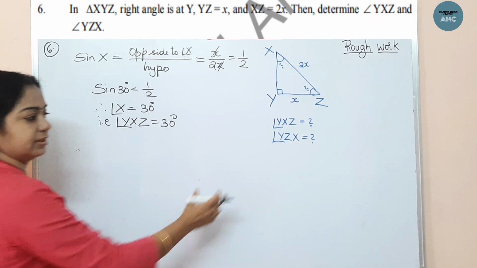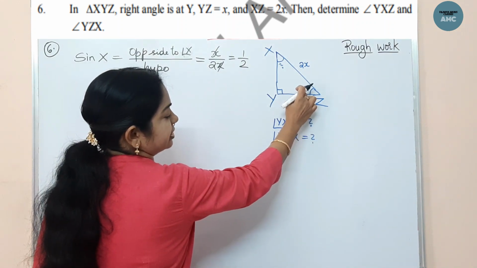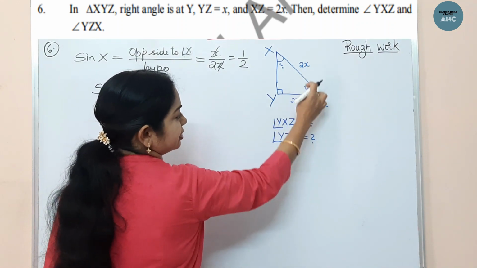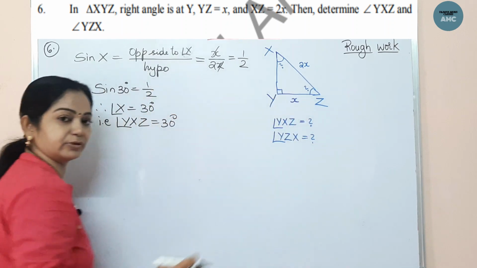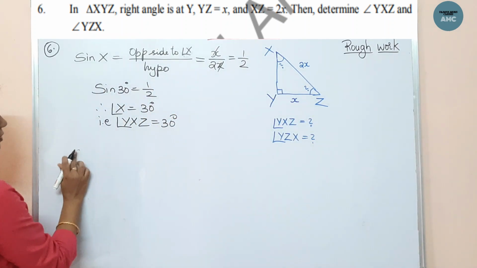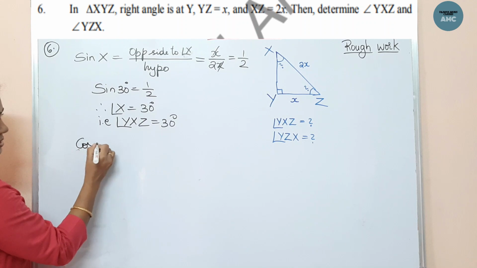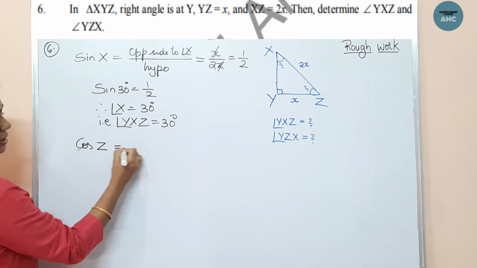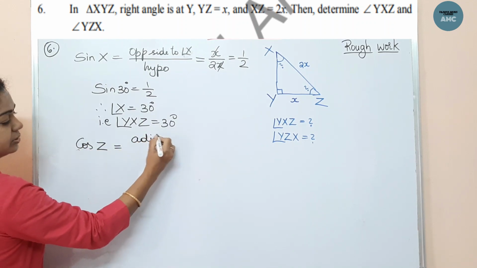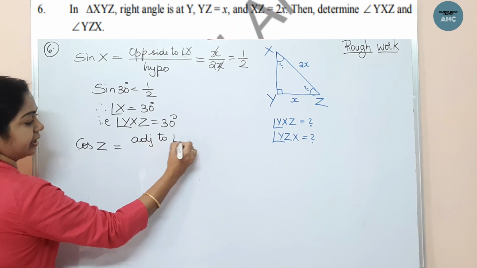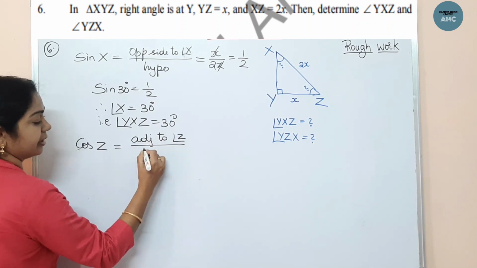Now the next one, we want this angle. For this angle, this is the adjacent, this is the hypotenuse. So for adjacent and hypotenuse, we have to take the cos function. Cos Z is equal to the adjacent side to angle Z by hypotenuse.